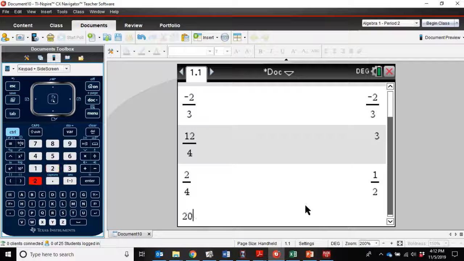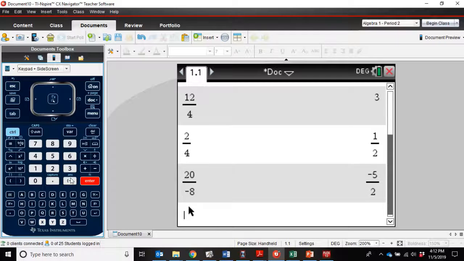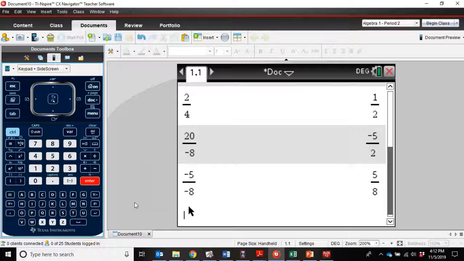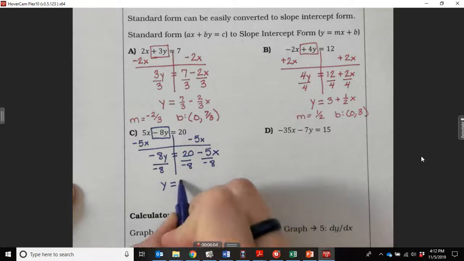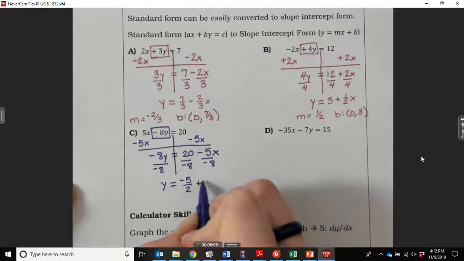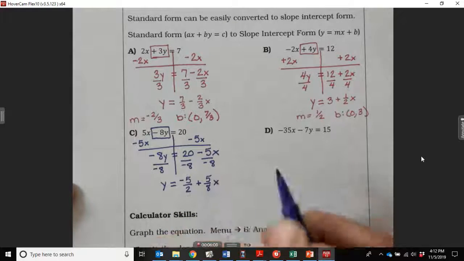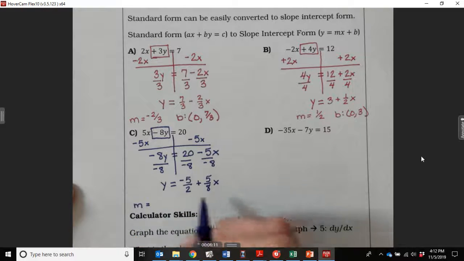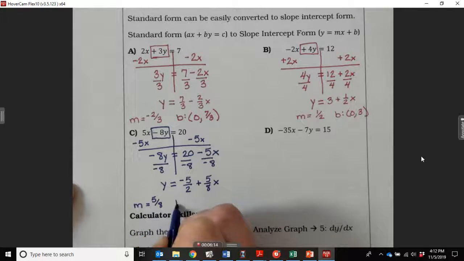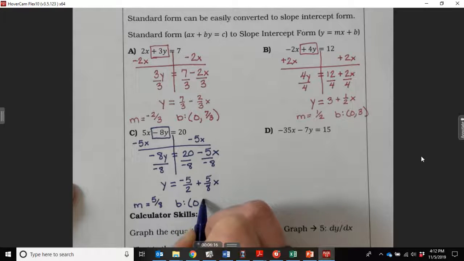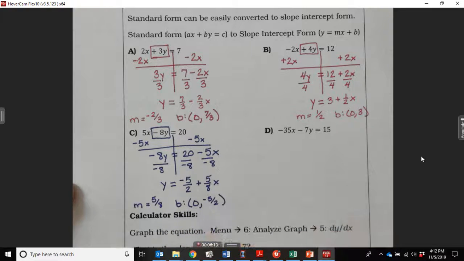We're going to type in 20 divided by -8, and then we're going to type in -5 divided by -8. And so we can see our answers are negative 5 over 2 and positive 5 over 8. So y equals negative 5 over 2 plus 5 over 8x. So here my slope is 5 over 8, and my y-intercept is (0, negative 5 over 2).